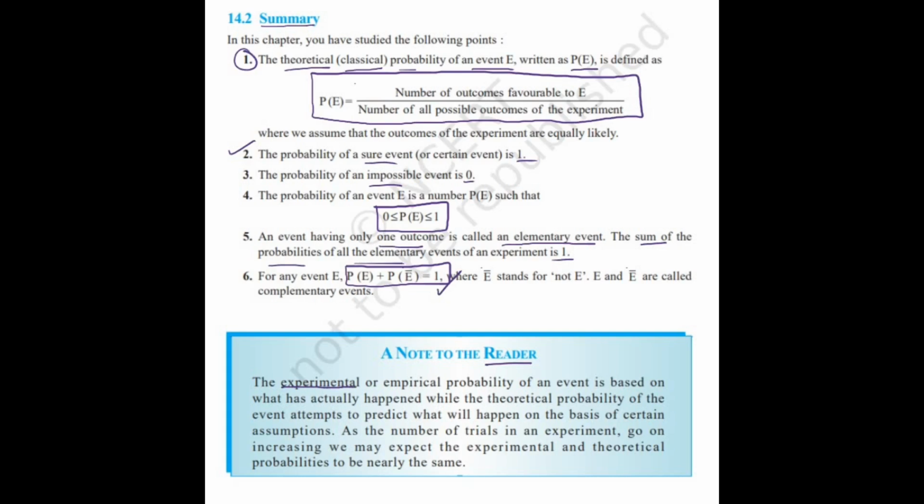The experimental probability, otherwise known as empirical probability. So two terms we have to remember in this chapter. The theoretical probability is called classical probability, and experimental probability is otherwise known as empirical probability. The empirical probability of an event is based on what actually happened, while theoretical probability of the event attempts to predict what will happen on the basis of certain assumptions.